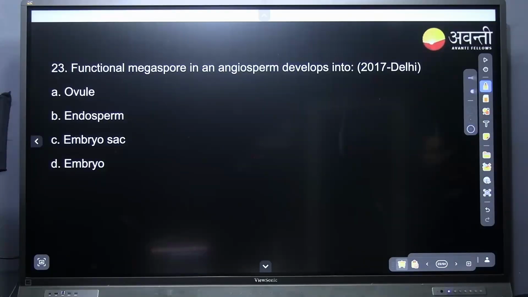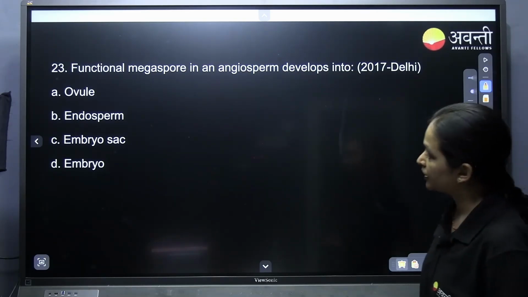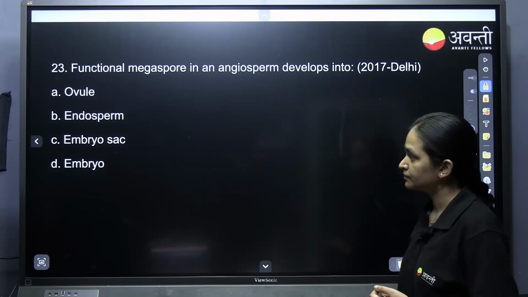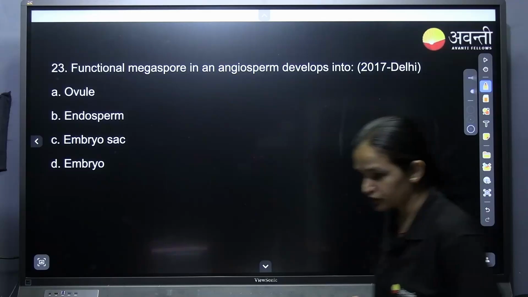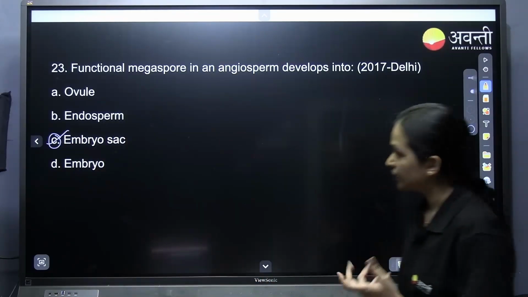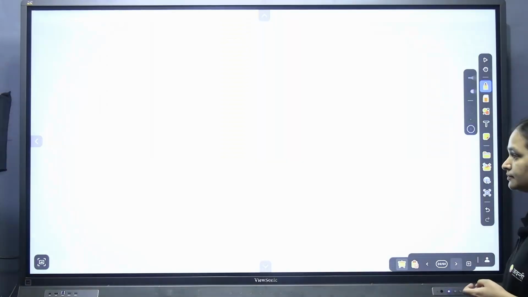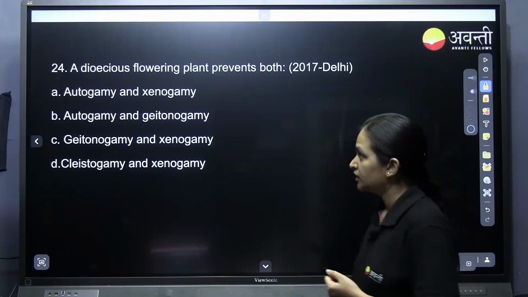Functional megaspore in an angiosperm develops into the embryo sac. A dioecious flowering plant prevents both.